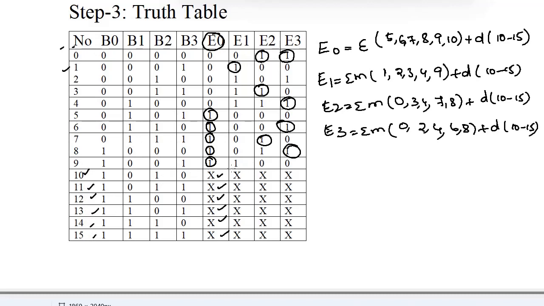Why? Because in excess3 representation, for 10 we have to take the individual digit and convert it into excess3. Directly we are not converting it into excess3. So for decimal 10, the excess3 equivalent value is 43. Why?